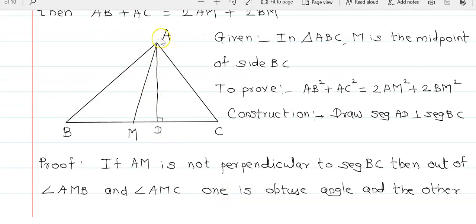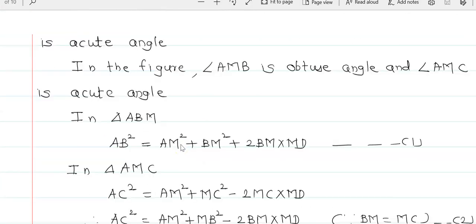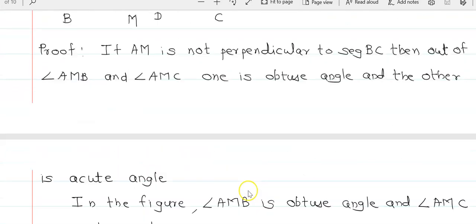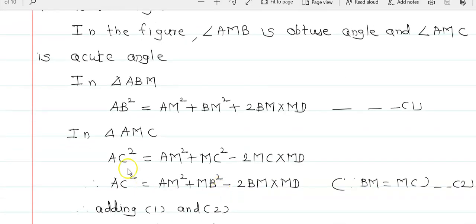For the triangle AMC, this is the acute angle. Therefore, AC square is equal to AM square plus MC square minus 2 times MC into MD. This is the second part.